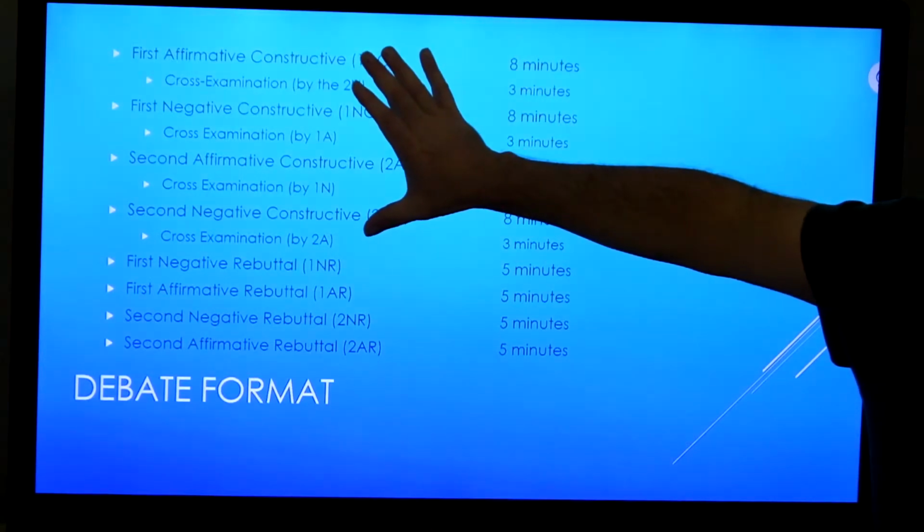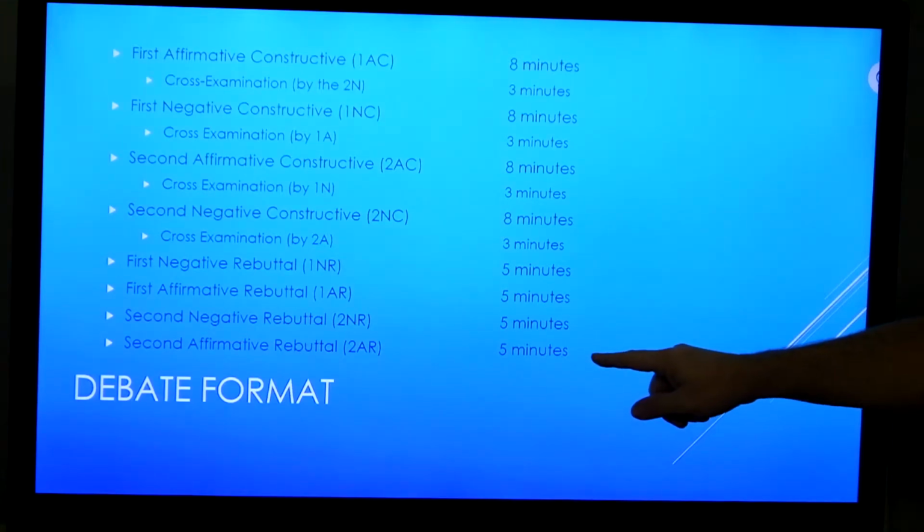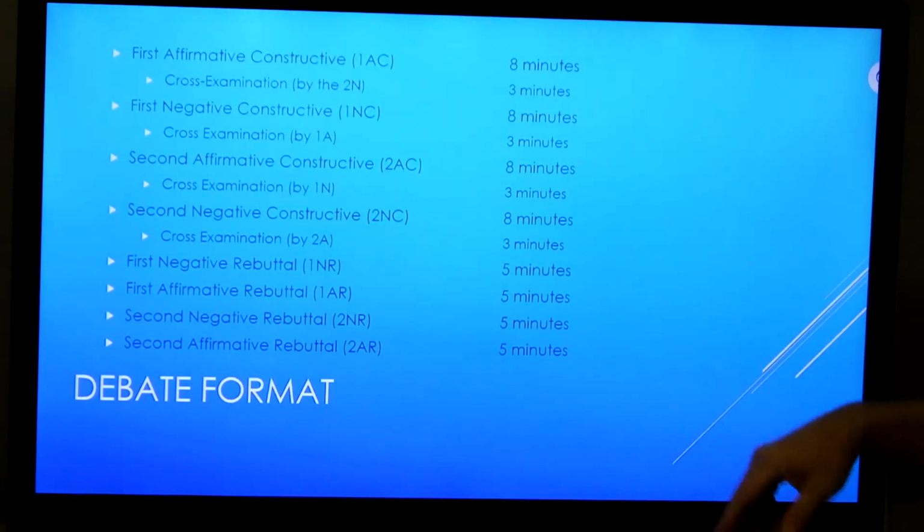All of the constructives, and then it's all of the rebuttals. And the rebuttals are only 5 minutes instead of 8 minutes. In the constructives, where you're doing all the cross-examinations, those are all building your arguments. And then in the rebuttals, you are basically defending your arguments.